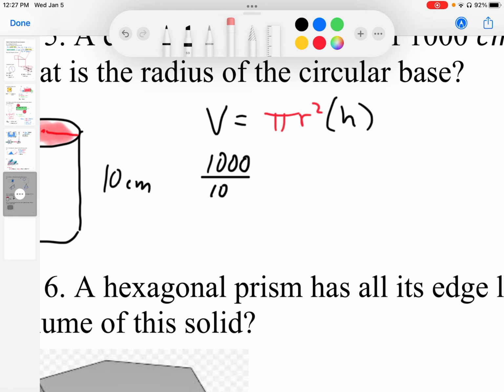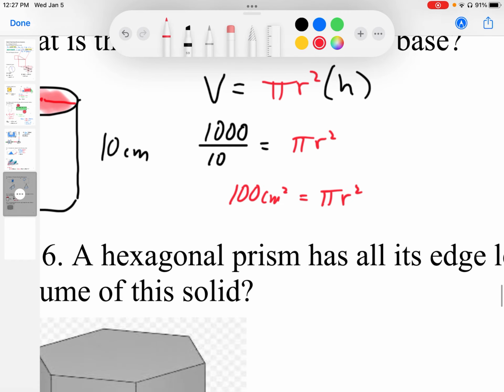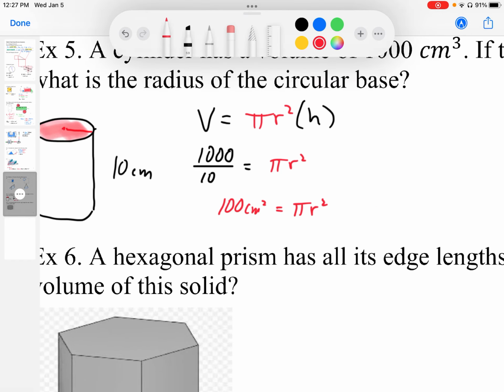that's going to give us the area of the circular base, so pi r squared. So I end up with that circular base having an area of 100 centimeters squared. Well, I can solve this algebraically for r now.